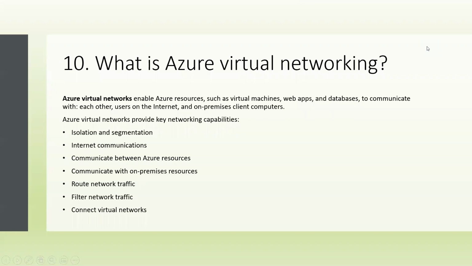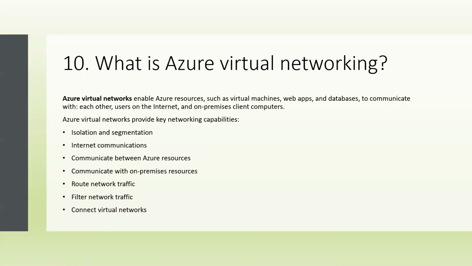What is Azure Virtual Networking? An Azure Virtual Network is a representation of your own network in the cloud. It is a logical isolation of the Azure cloud dedicated to your subscription. You can use virtual network to provision and manage virtual private networks in Azure and optionally link VNets with other VNets in Azure.